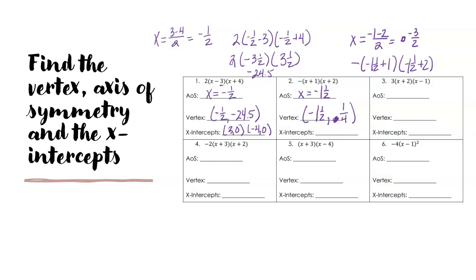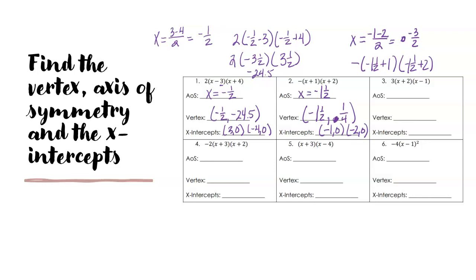So our x-intercepts are opposite of p, opposite of q. There we go. Lots of fractions.